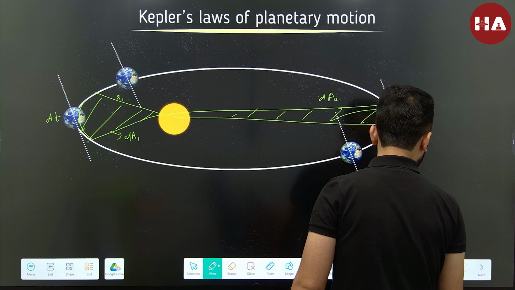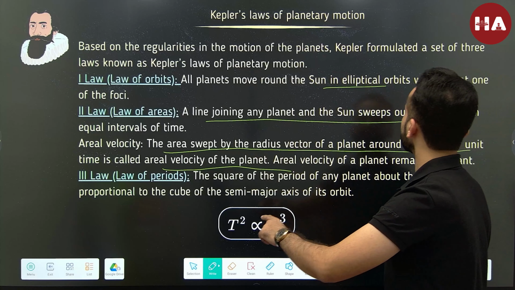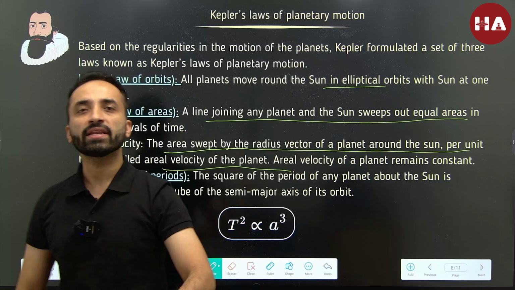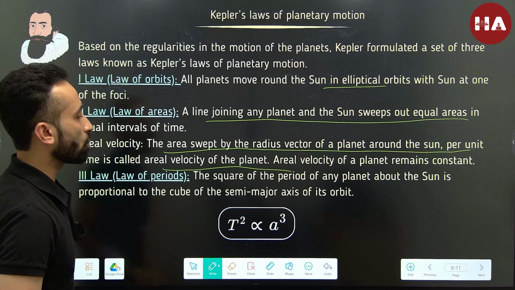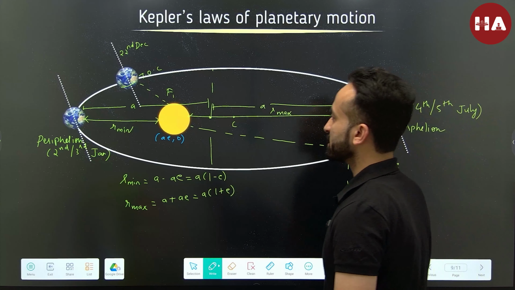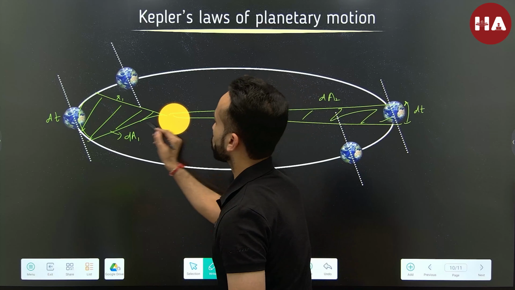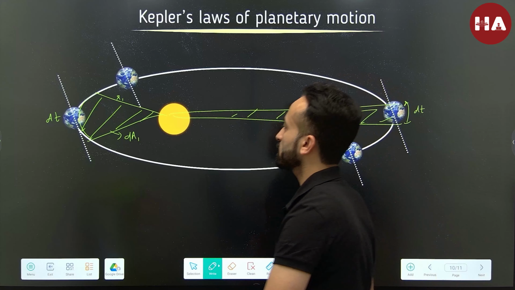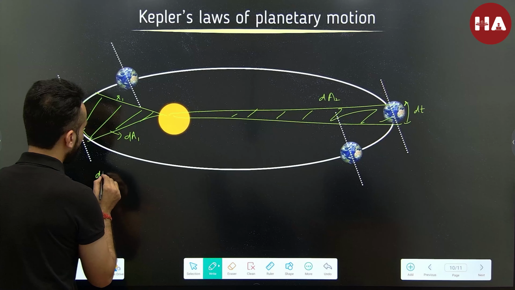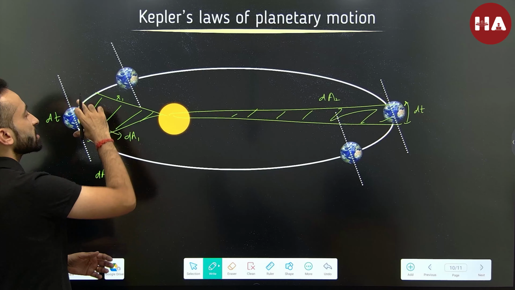This law is saying that a line joining any planet and the sun sweeps out equal areas in equal intervals of time. What does that mean? So let's say this is the line joining the planet and the sun. So this area dA1, approximately taking it as a triangle or an arc, because it is a very small part.